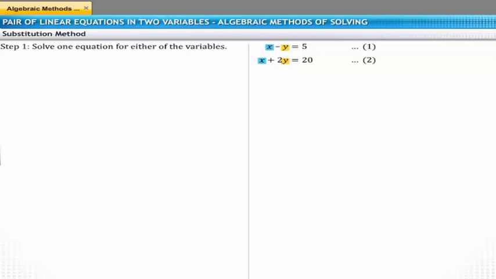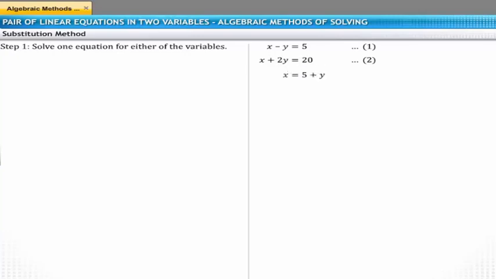The choice of equation or variable in a given pair does not affect the solution for the pair of equations. To keep it simple, choose the equation and variable that can be solved quickly without complication. Looking at these two equations, we can see that rearranging equation 1 to make x the subject is simpler. So, we solve for x in equation 1.